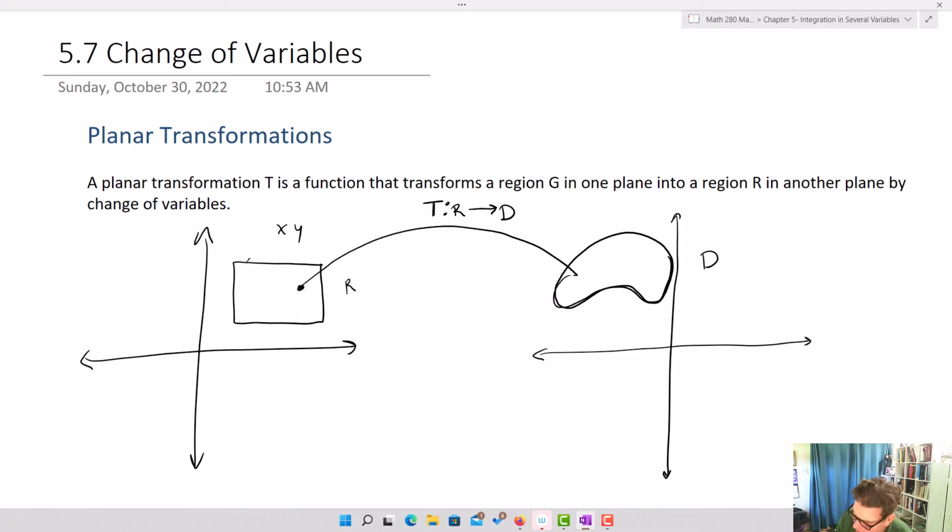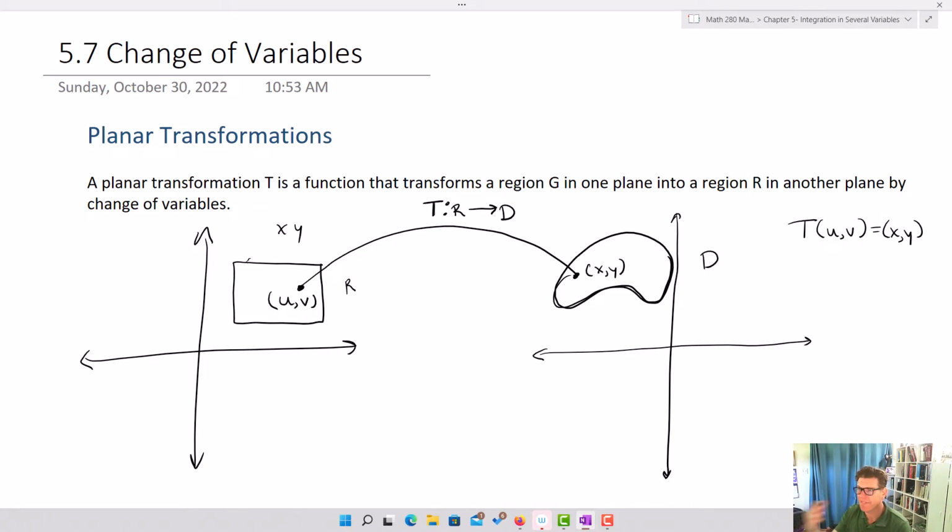Let's imagine that I've got a point (u, v) in this first plane, in R, and it is going to go over here to (x, y). So (u, v) will go over to (x, y) along the transformation T. We're going to write that T of (u, v) is equal to (x, y). That's what it does.